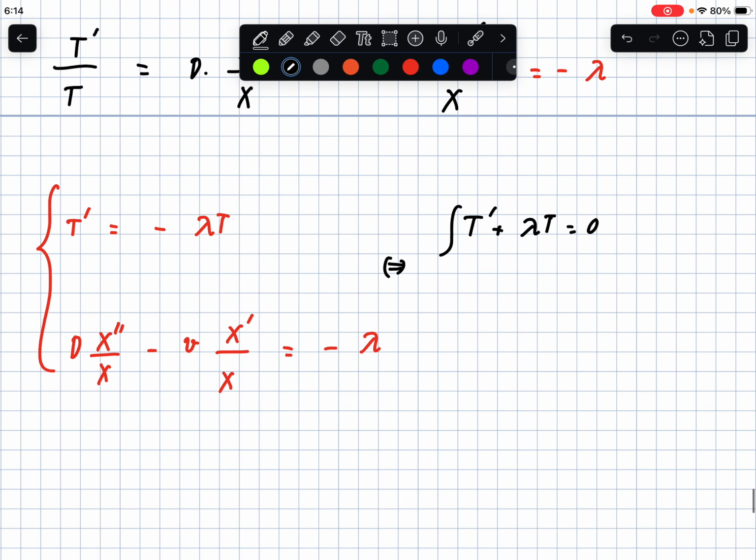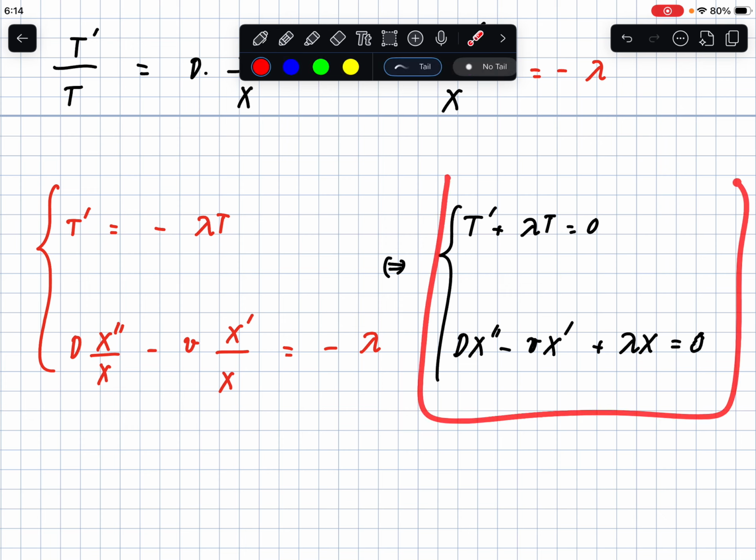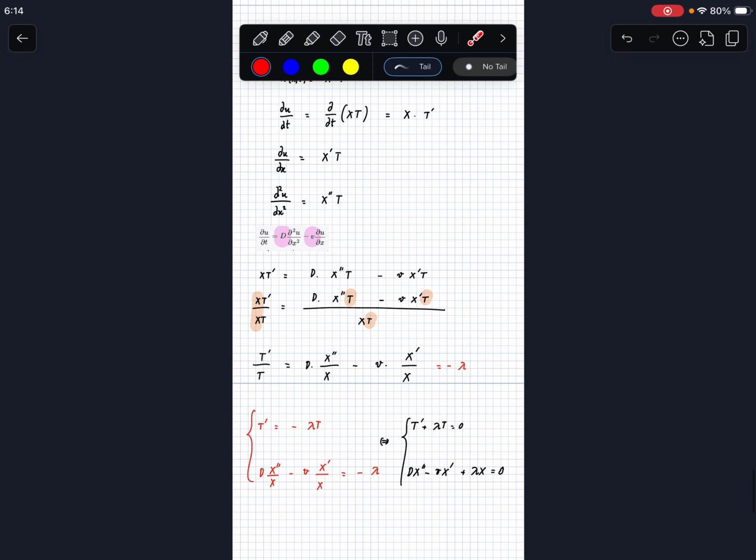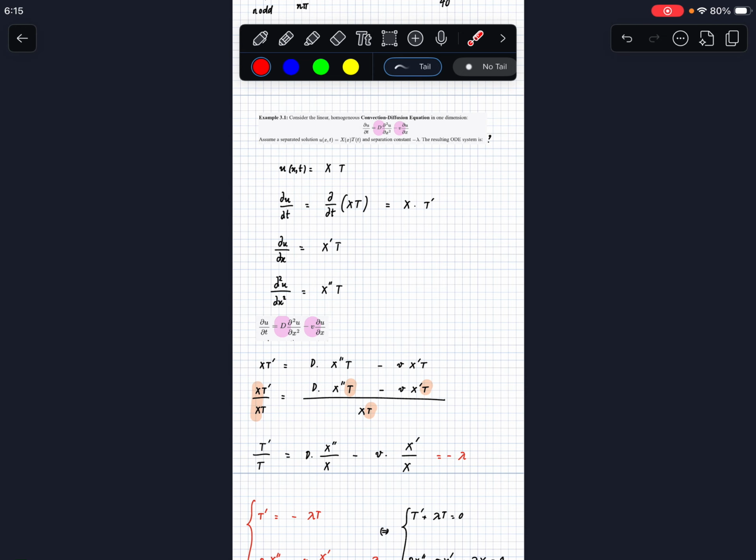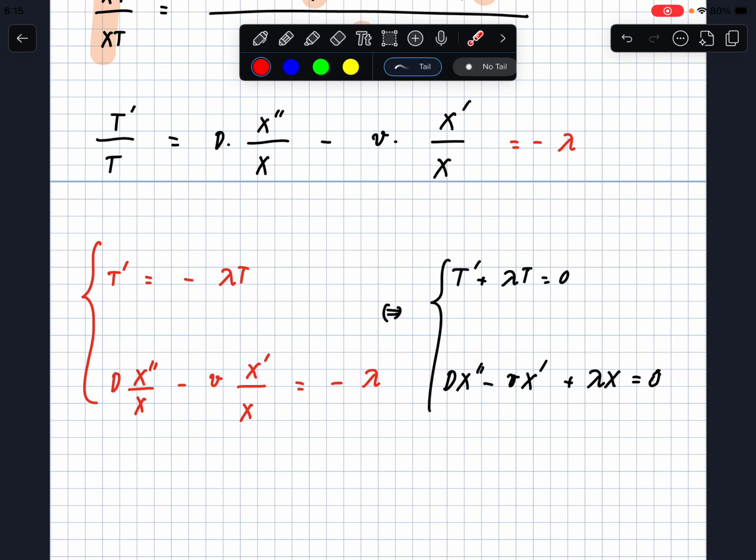The second ODE is D X double prime minus v X prime plus lambda times X equals 0. So here is the ODE system that we get after separation of variables. This exercise only asks for the resulting ODE system. You don't need to solve that.